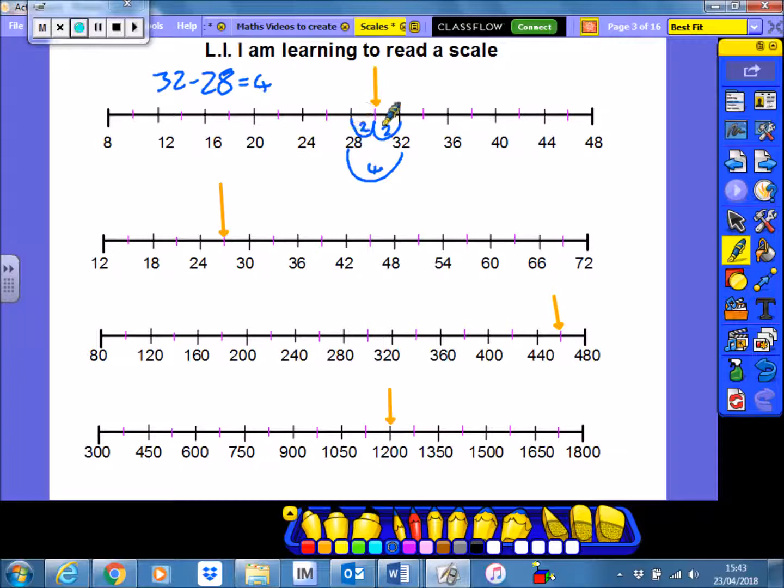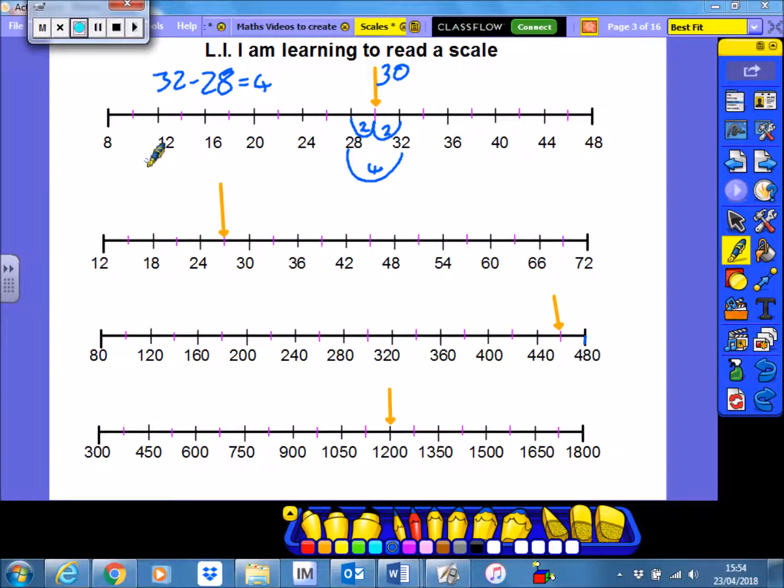In which case, between 28 and 32, we must have the number 30. Now the way we did that was by working out the major increment and then dividing it by the number of minor increments. So in this case, the major increment is 4, but there are 2 jumps in order to get there, so we divide it by 2.